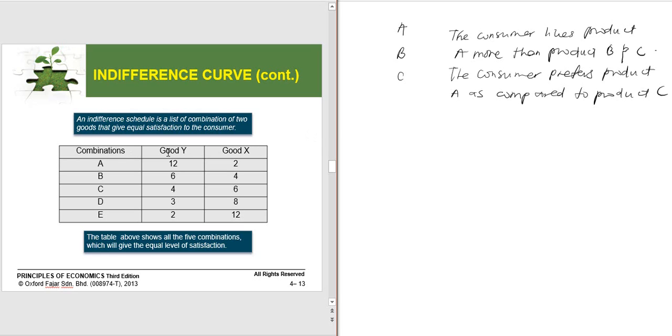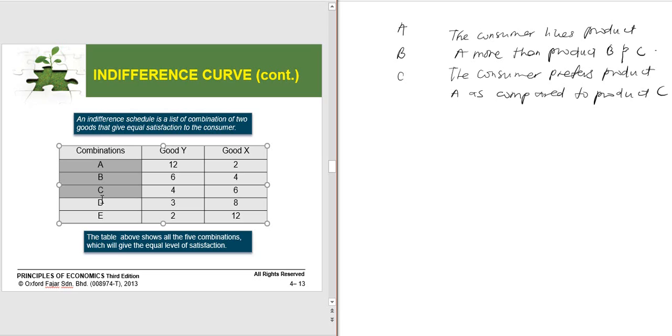So let's say you are given this schedule here. You have different combinations: combination A, B, C, D, and E. This combination shows the different units of product X and product Y that a consumer can consume, which will give them the same level of satisfaction.